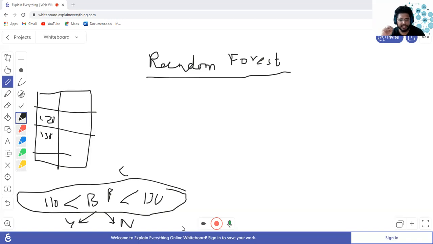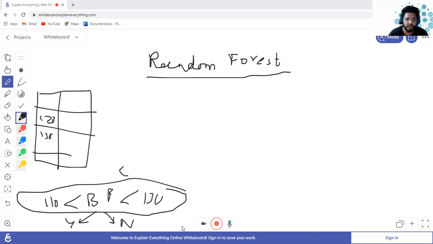Another thing random forest can do is clustering, grouping similar data together. That is also a very powerful tool.